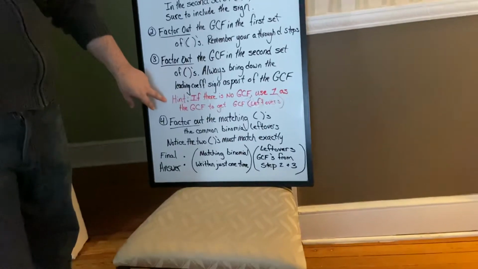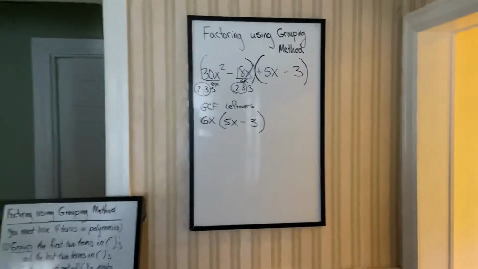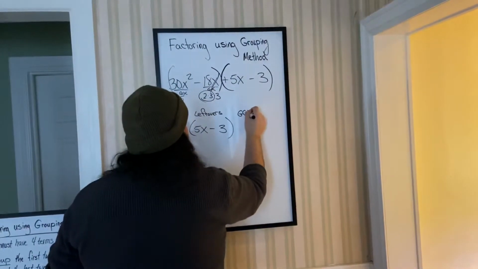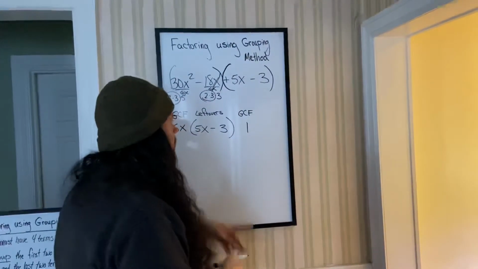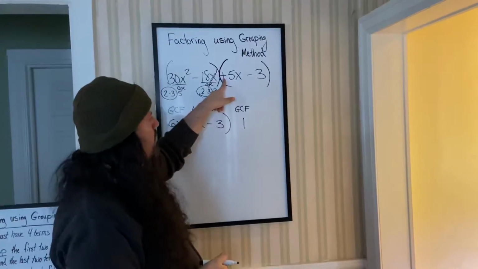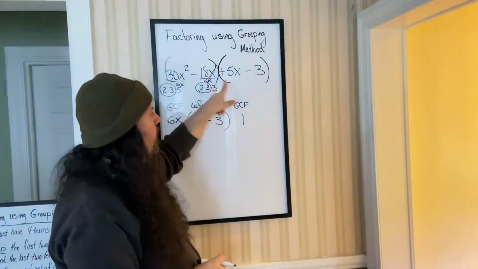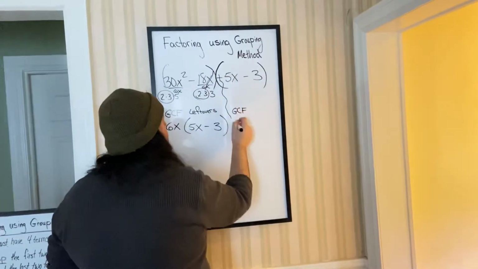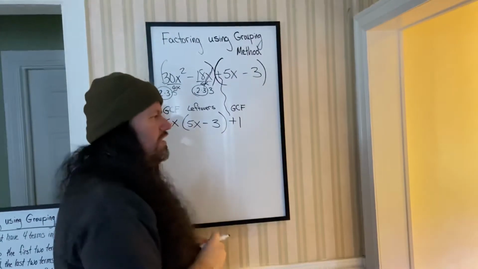So I'm going to take out the GCF and say it's 1. By taking out 1, remember, this sign I always have to bring down as part of the GCF. So my GCF is a +1.